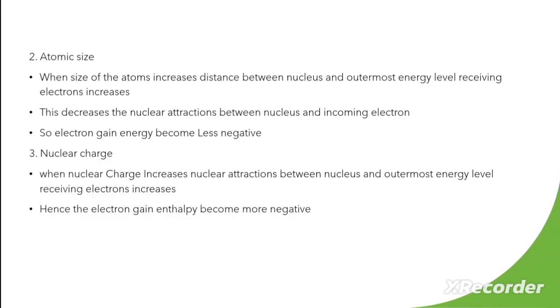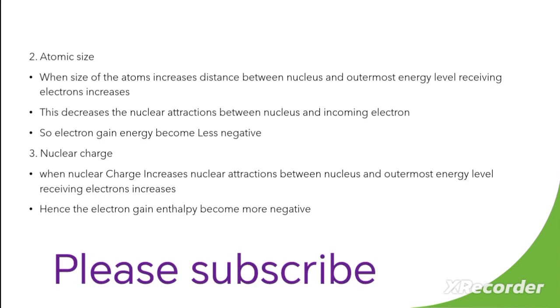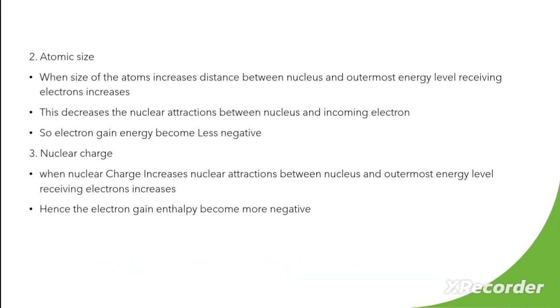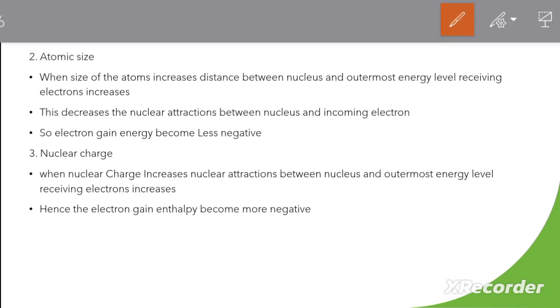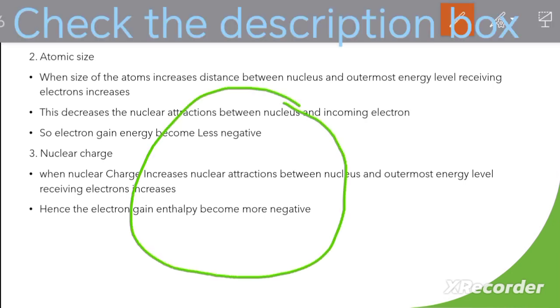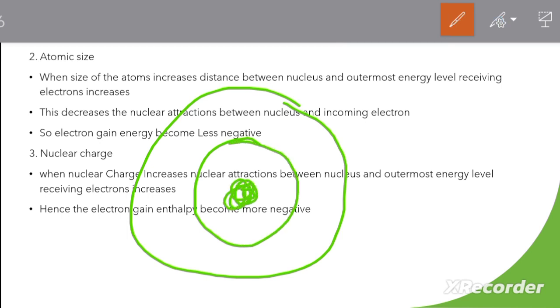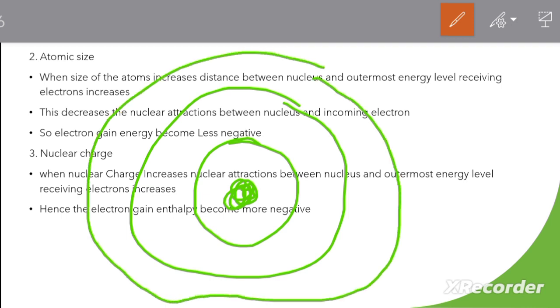The next factor affecting electron gain energy is atomic size. You have learned about this in the previous videos. When the atomic size increases, the nuclear attractions become low. Here this is the nucleus and here are the outermost energy levels, right? When the distance from the nucleus increases, what happens?